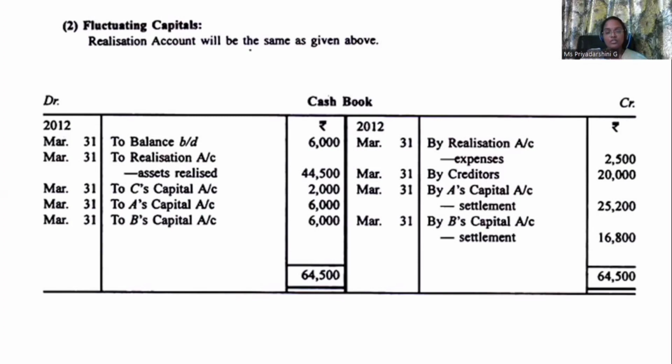Number two, whatever deficiency or loss occurs due to the insolvency of a partner is borne by the other solvent partners of the firm, in the capital ratio which was outstanding just before the dissolution of the firm. These are the two main effects which impact the statement of accounts in the dissolution of a firm.